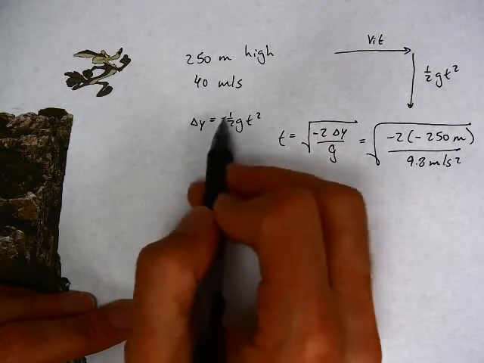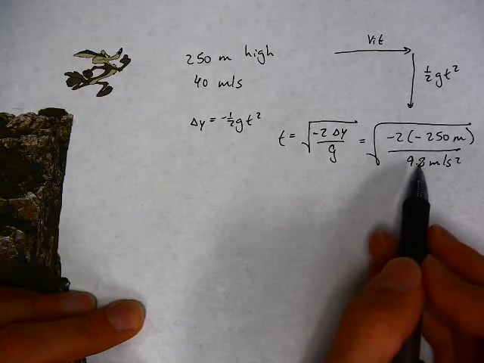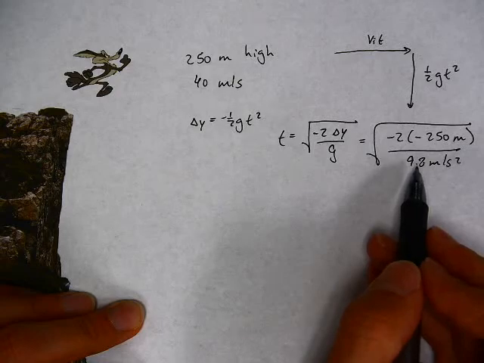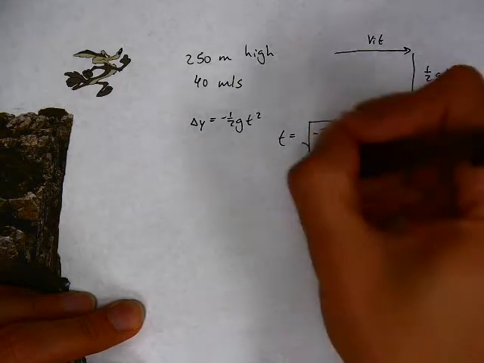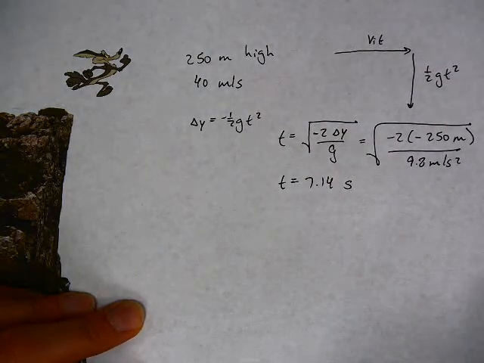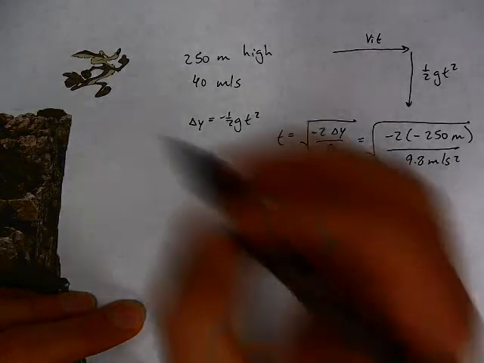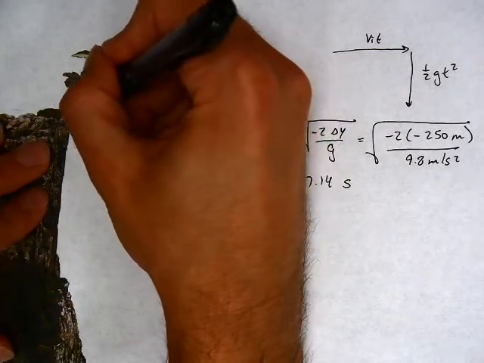Already factored in the negative sign. Okay, so this equals 7.14 seconds. It takes any object, regardless of mass, 7.14 seconds to fall 250 meters. And as it falls, it will trace out a parabolic path.